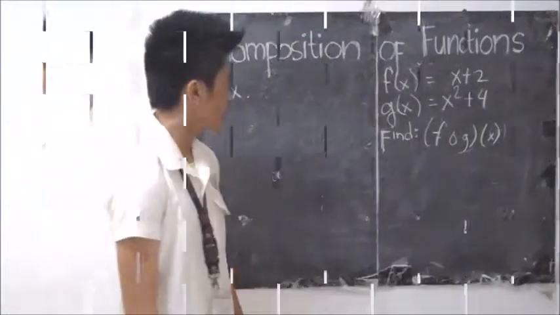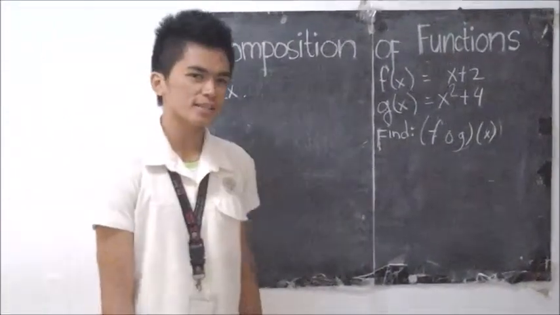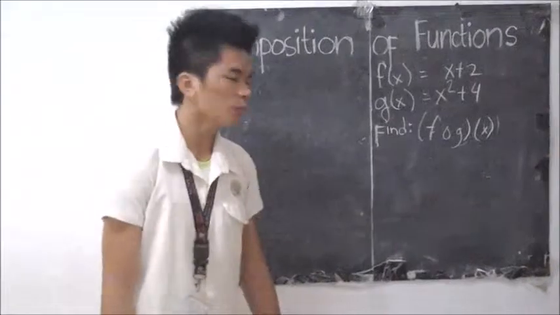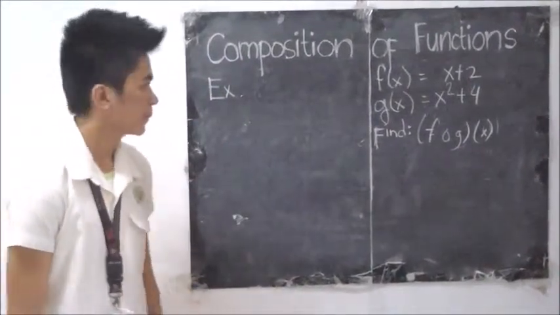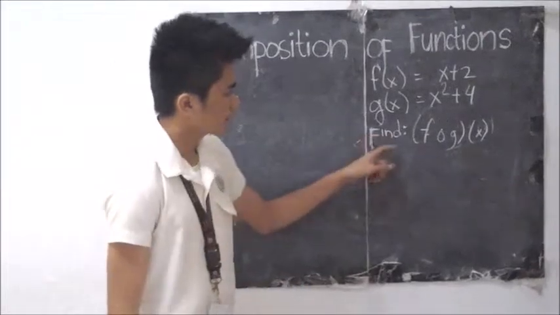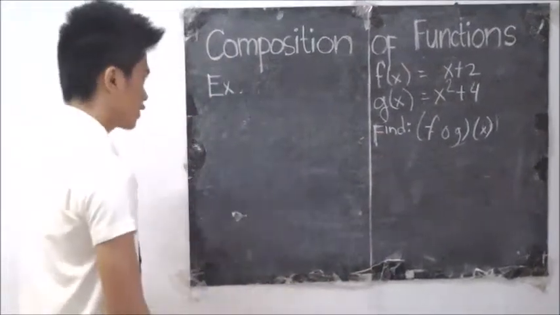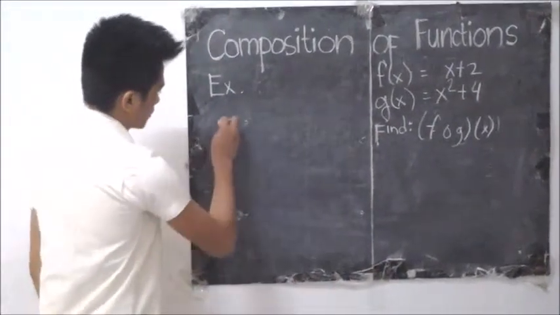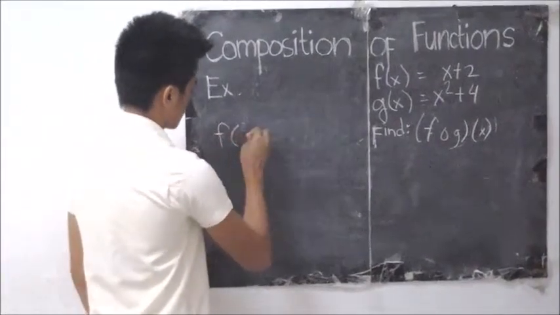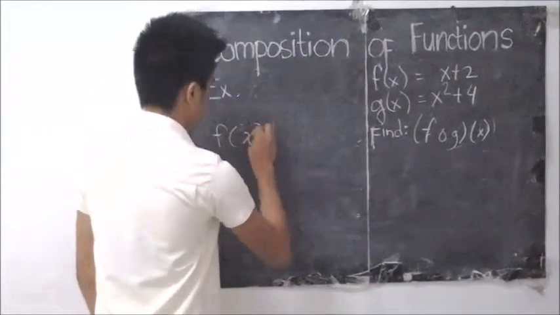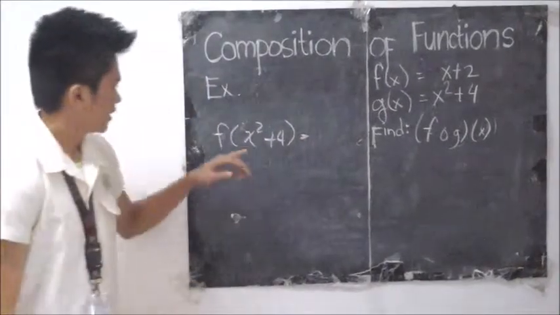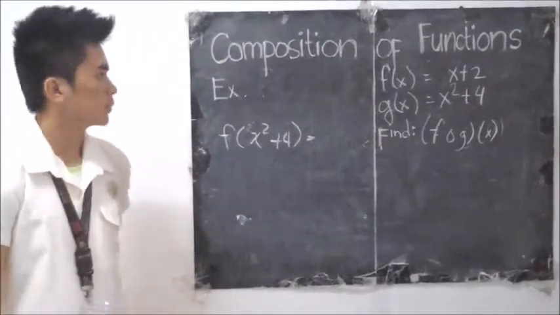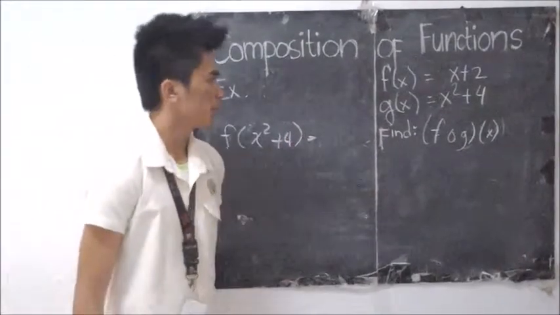To better understand the composition of functions, I will cite some examples. Suppose that f of x is equal to x plus 2 and g of x is equal to x squared plus 4. Then find f of g of x. First, we will substitute the g of x, and then we will substitute the value of g of x into the f of x.